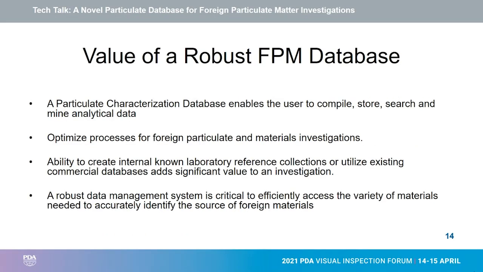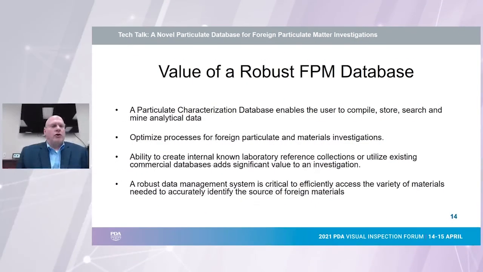So the value of a robust foreign particulate matter database is critical. The particle characterization database enables the user to compile, store, search, and mine analytical data. It allows us to optimize our processes for foreign particulate and material investigations. It gives us the ability to not only assist in investigations, but to create internal known reference collections and libraries that allow us to utilize our own information as well as existing commercial databases.